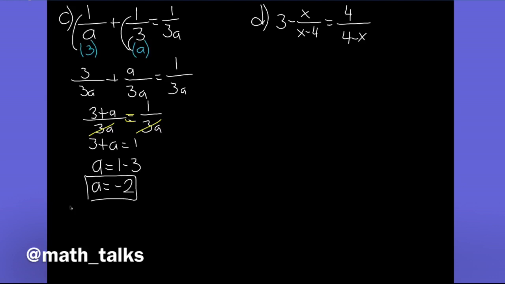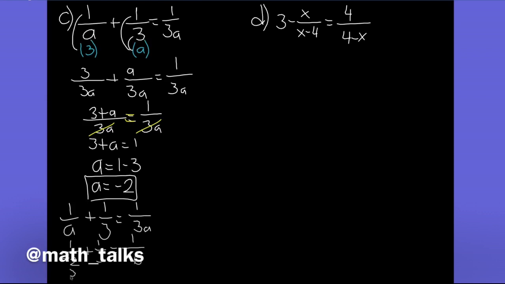So 1 over a plus 1 over 3 equals 1 over 3a. Substitute negative 2 instead of a: 1 over negative 2 plus 1 over 3 equals 1 over 3 multiplied by negative 2, negative 6.